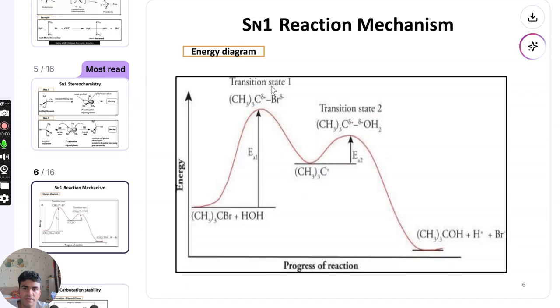Now these two are transition state 1 and 2. As you can see, the transition state is polar, so the solvent will affect the reaction rate. If the polar solvent stabilizes the transition state, the activation energy requirement will decrease and the rate will increase.